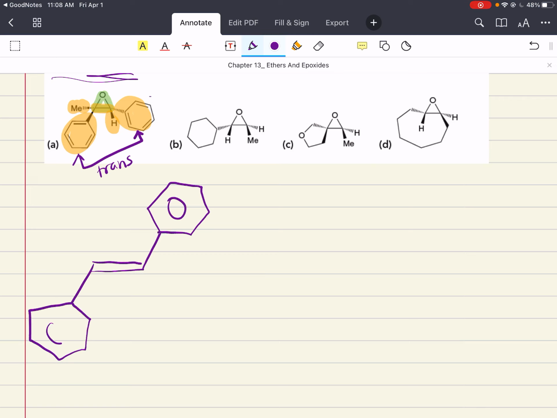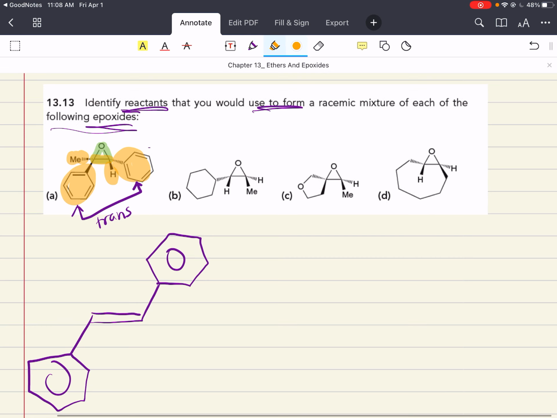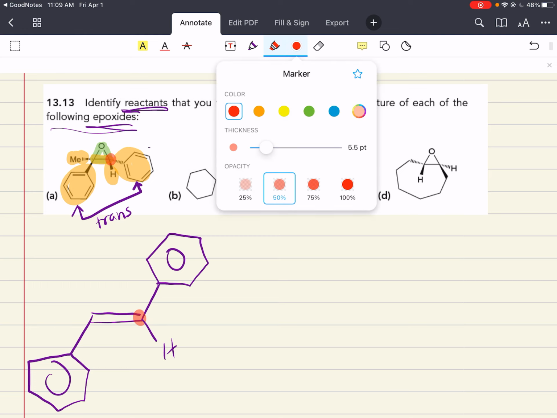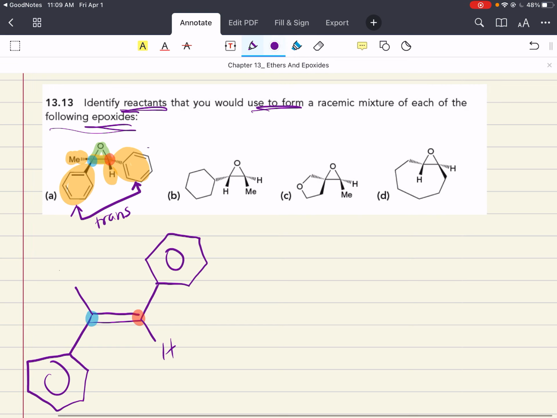Now, I'm going to highlight this carbon in red. This carbon has a benzene ring and a hydrogen, so we have to draw in that hydrogen. This other carbon has that benzene ring, which we've already drawn, and a methyl group, so we can't forget to put that. This is the starting double bond that we're going to work with.